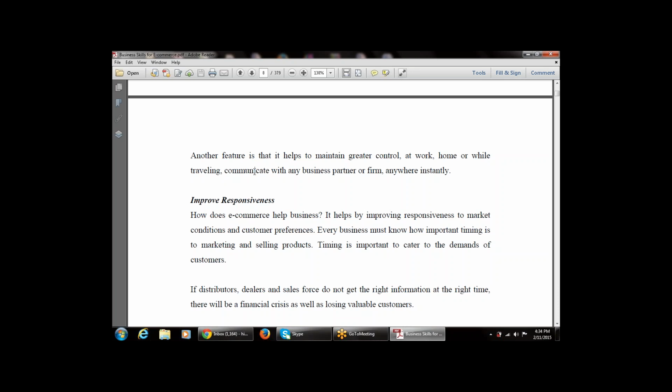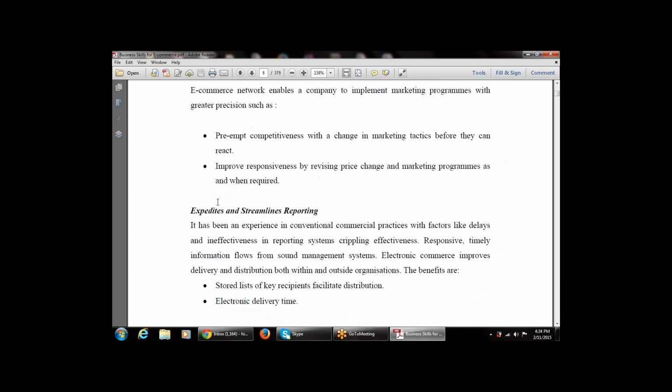It helps by improving responsiveness to market conditions, that is, giving a better response to market conditions and customer preferences. It deals with the details of customer preferences and improves the response to the market conditions.